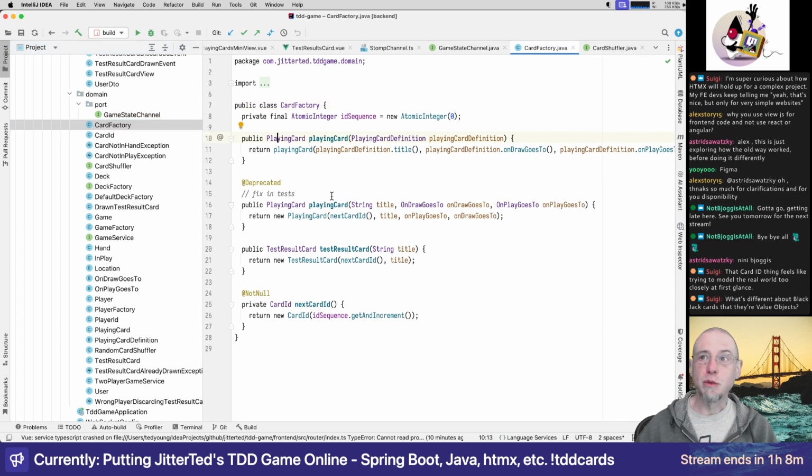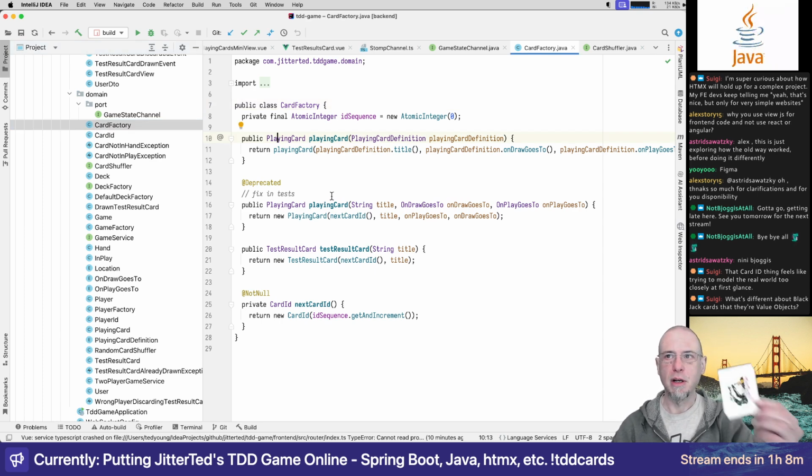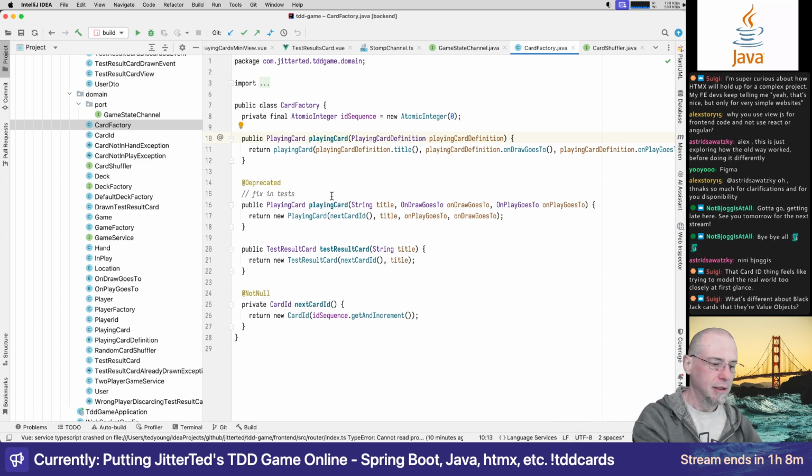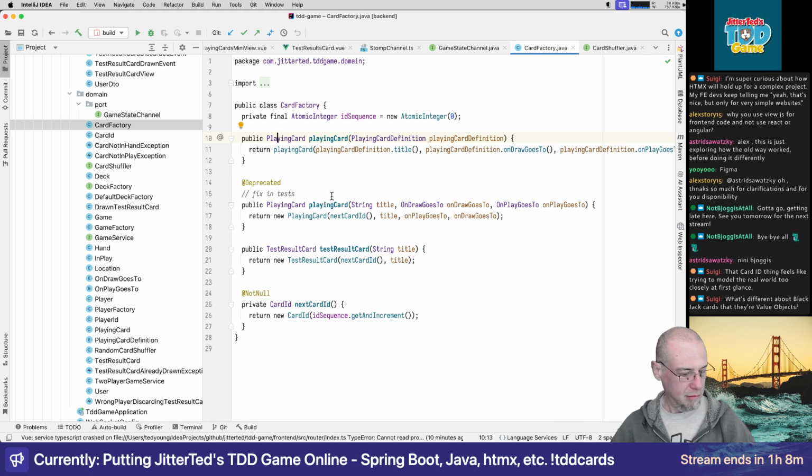We've got playing cards, which I will probably change to action cards, because that's what I call these guys now, the ones that are like code bloat or less code. Those are the action cards. The test result cards are these test results that have stuff about that. So those will probably get renamed.